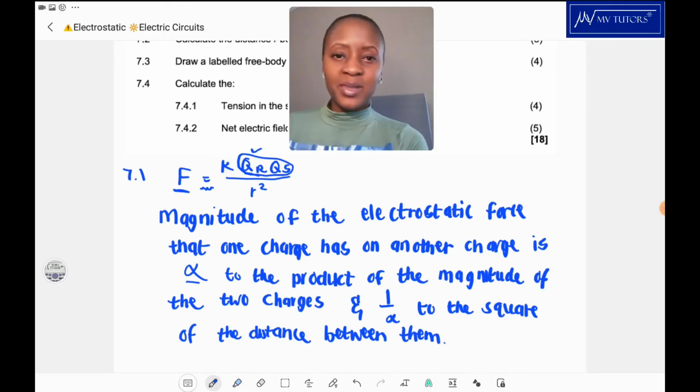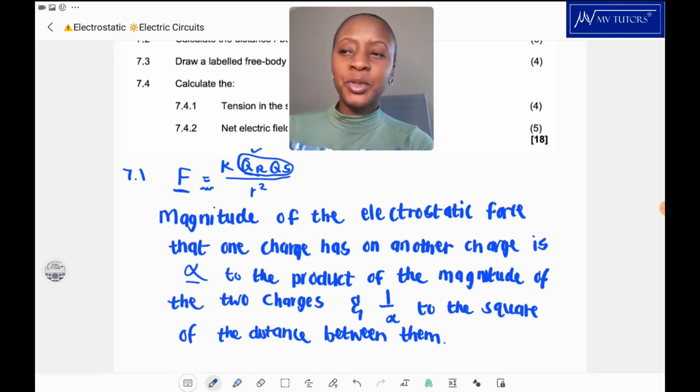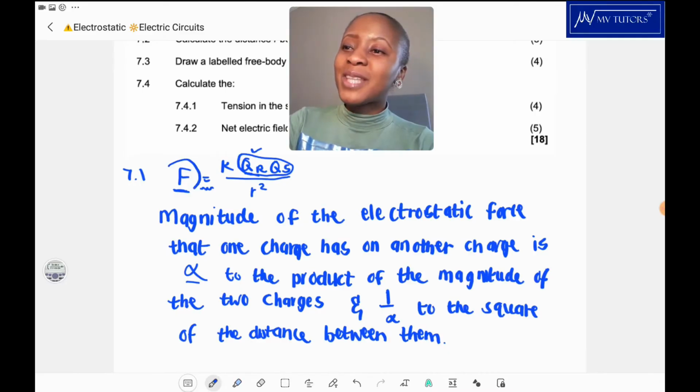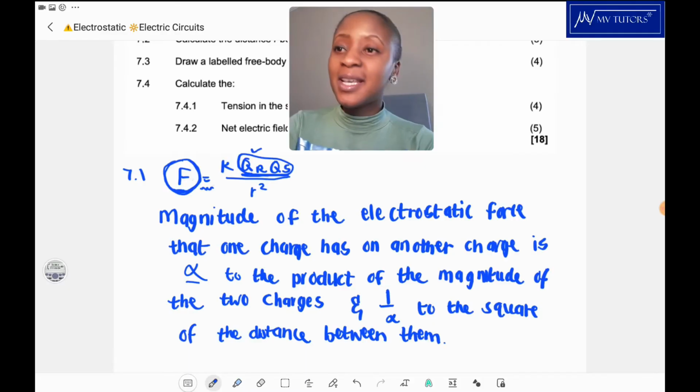That was a mouthful, but to rephrase: the magnitude of the electrostatic force that one charge has over another is directly proportional to the product of the charges, and inversely proportional to the square of the distance between them. So that is 2 marks.